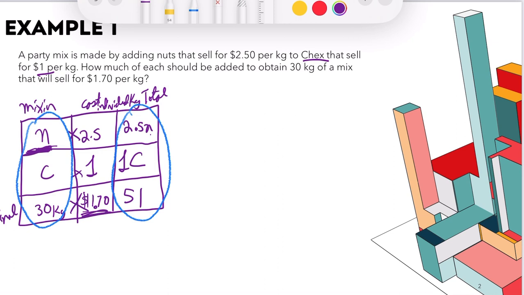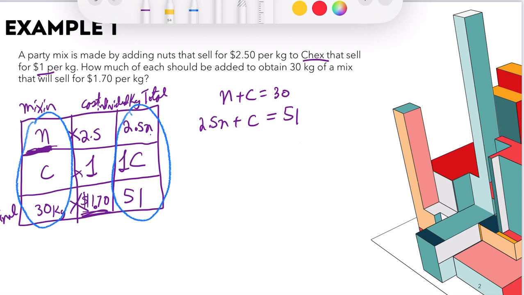I have n plus c is 30 kilograms, and 2.5 n plus c is 51. I didn't need to write kilograms per se, so I take that off, right? This is the system we're going to solve, but know that our final answer is going to be in kilograms.